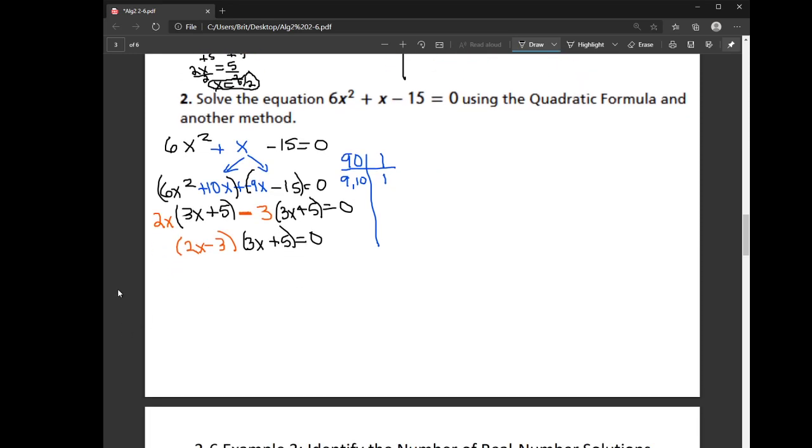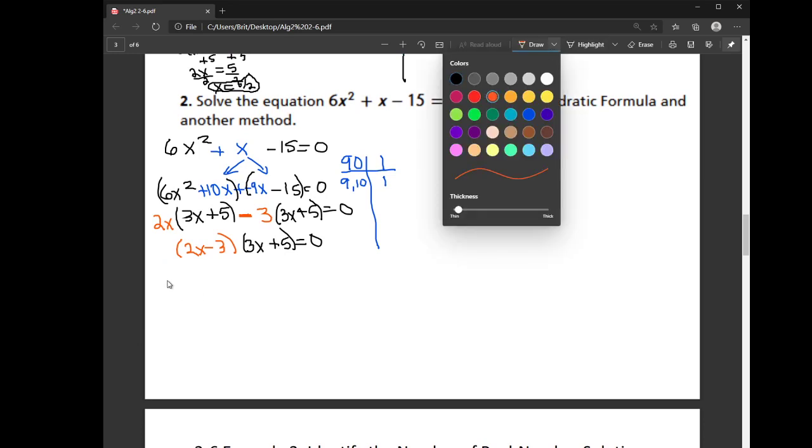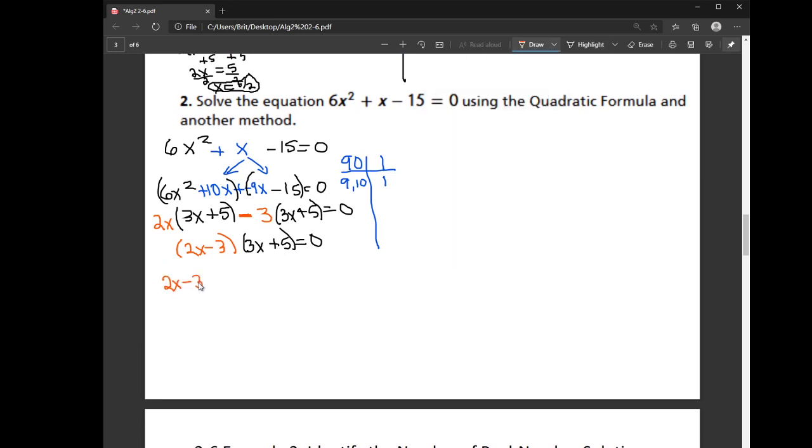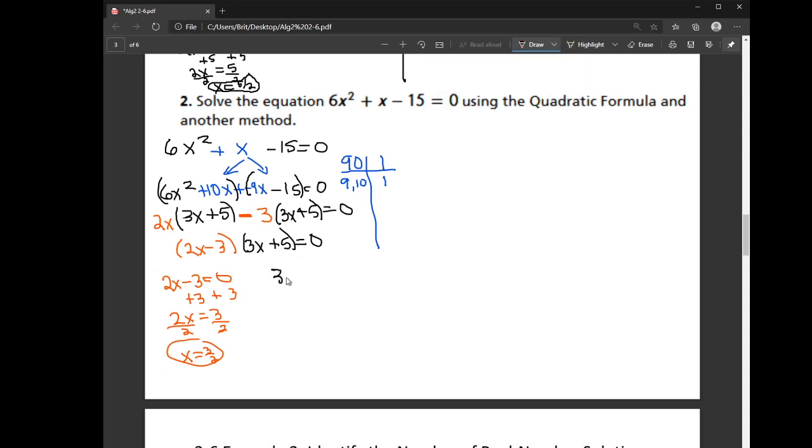And I'm going to be setting each of those factors equal to 0, right? So 2x minus 3 equals 0. I add my 3, and I divide by 2. And then for my other one, 3x plus 5 equals 0.